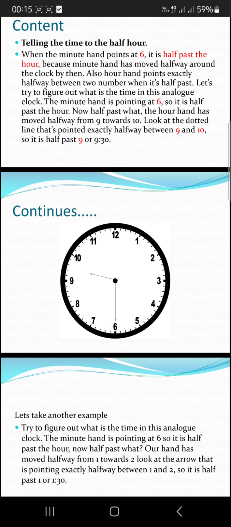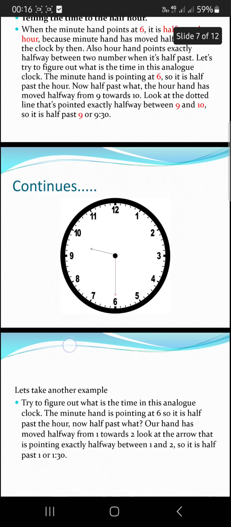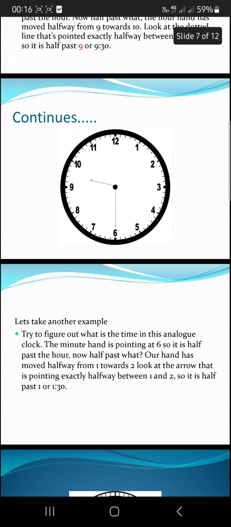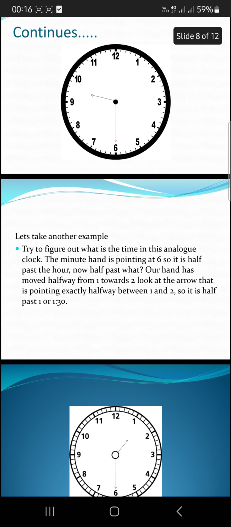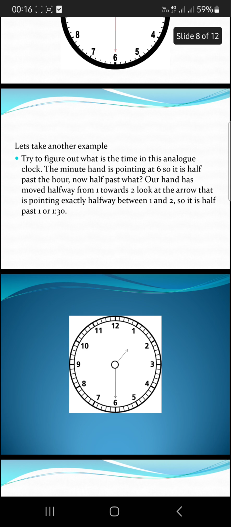Now half past what? The hour hand moved halfway from 9 towards 10. Look at the lines there. The arrow is pointed exactly halfway between 9 and 10. So it is 9:30.